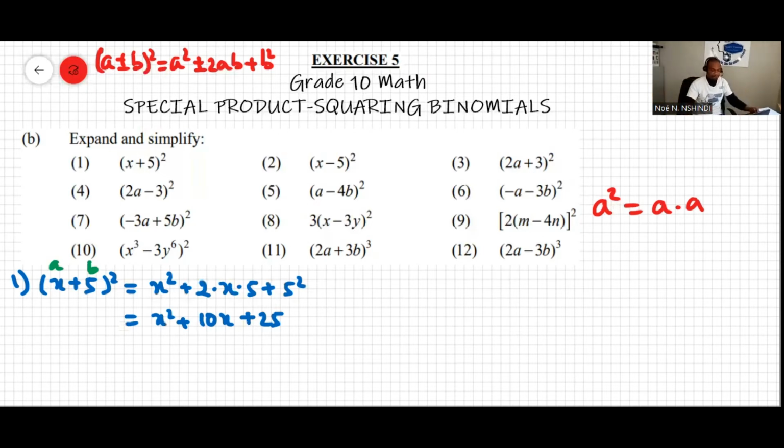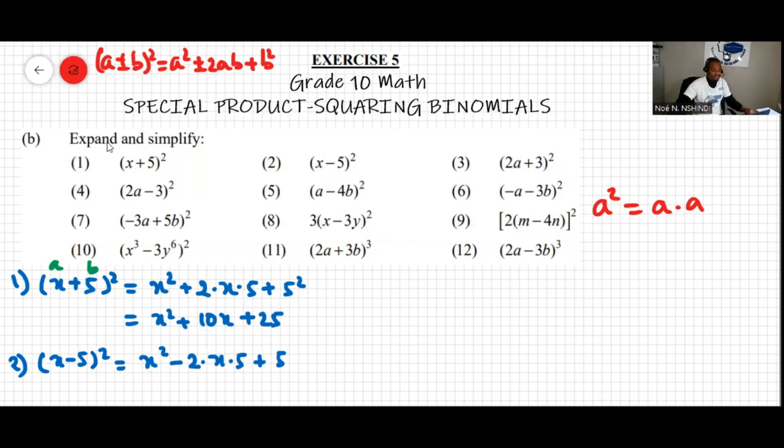Question 2 is x minus 5 raised to the power of 2. This time we have a minus sign. Now we're going to apply the same formula. This will be x squared, minus, now not plus but minus, 2 times x times 5, plus 5 to the power of 2.